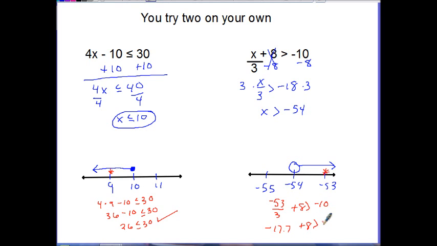Is that greater than negative 10? Negative 17.7 plus 8, they have two opposite signs. When I combine that, that's going to end up giving me negative 9.7. Is that greater than negative 10? Negative 9.7 isn't as negative as negative 10, which means it checks out. Negative 9.7 is greater than negative 10.